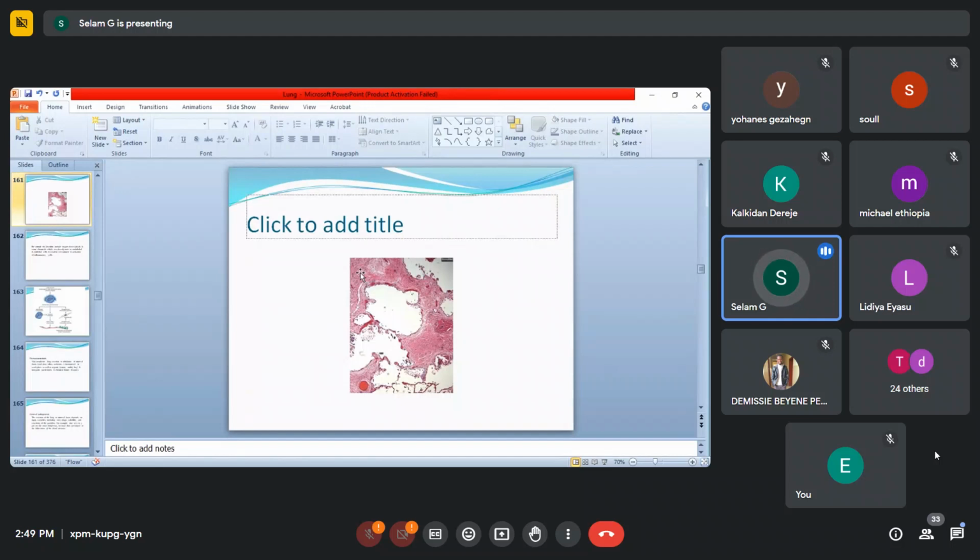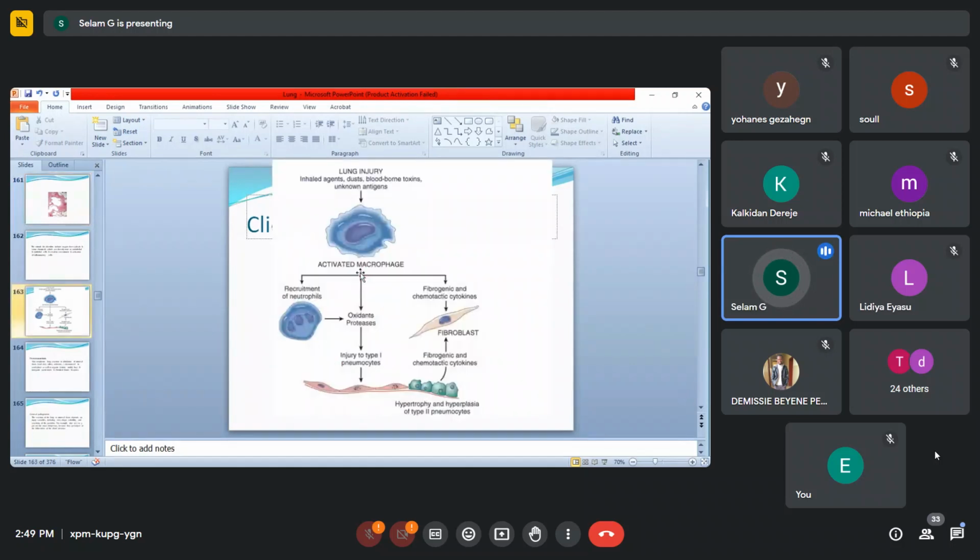The stimuli for alveolitis include oxygen free radicals and some chemicals which are directly toxic to the endothelial and epithelial cells and result in the recruitment and activation of inflammatory cells. So lung injury due to inhaled agents or dust, blood-borne toxins and the like, they activate macrophages.